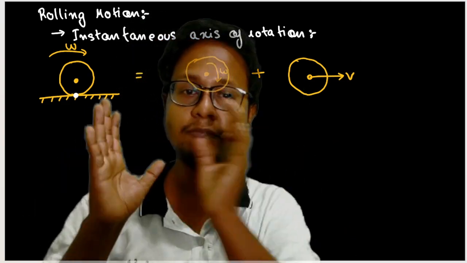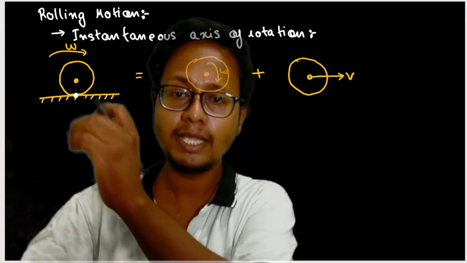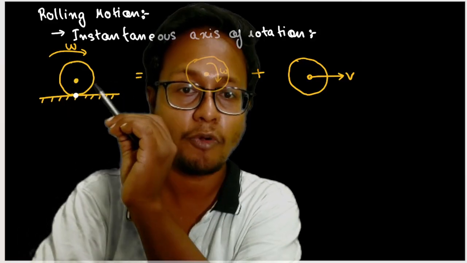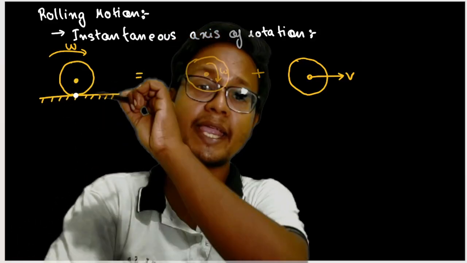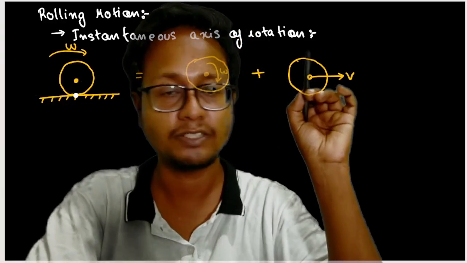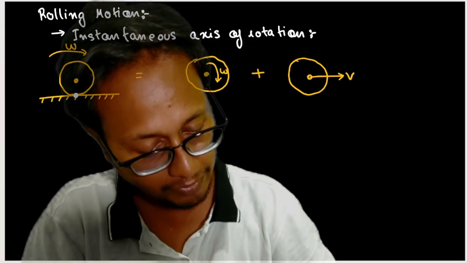So if you observe a rolling motion, there exists a certain point in the tire where the velocity at that point is equal to zero. Any axis that passes through that point is called the instantaneous axis of rotation. Let me write down the definition.